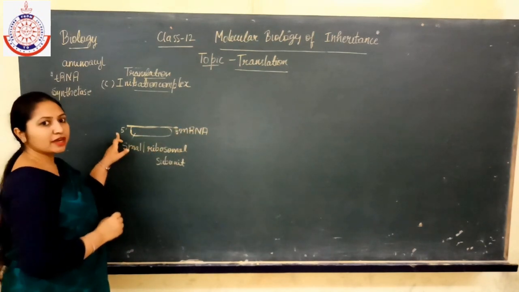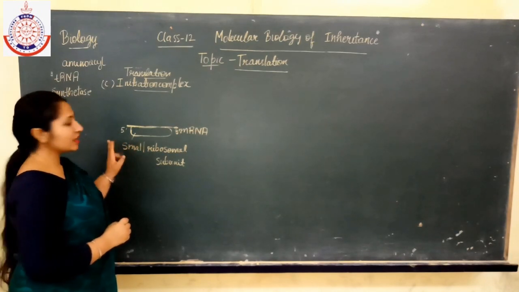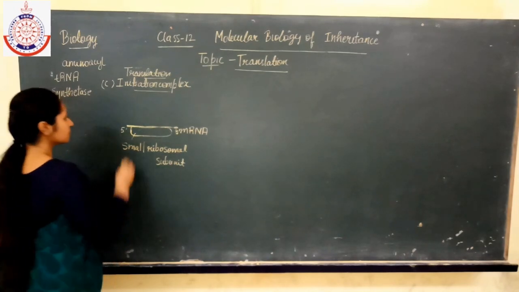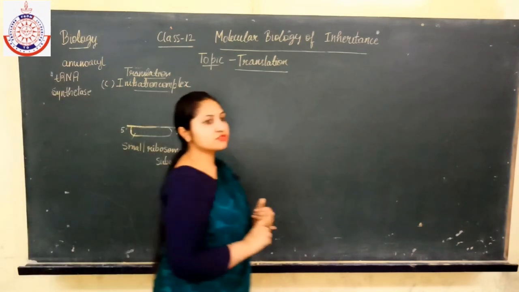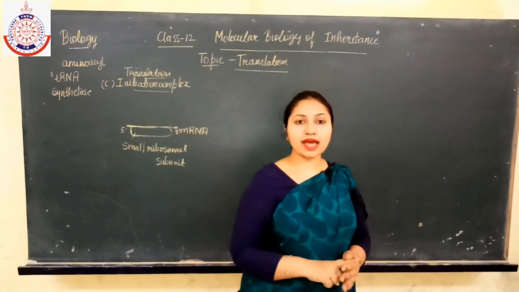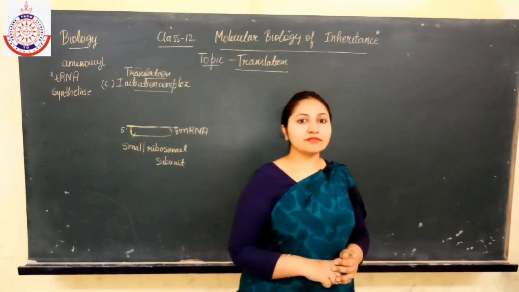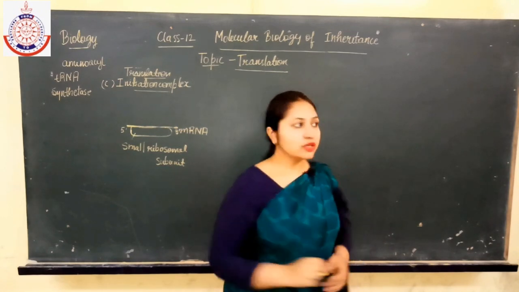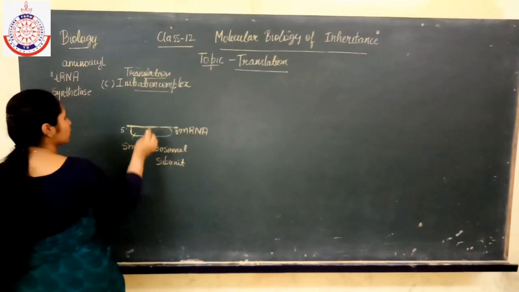The 5' end of the mRNA binds with the small ribosomal subunit. As I told you when we discussed the structure of the mRNA, the cap and the tail portion, meaning the 5' end and the 3' end, have the attachment site for the ribosomal subunit. So the small ribosomal subunit attaches to the mRNA molecule.